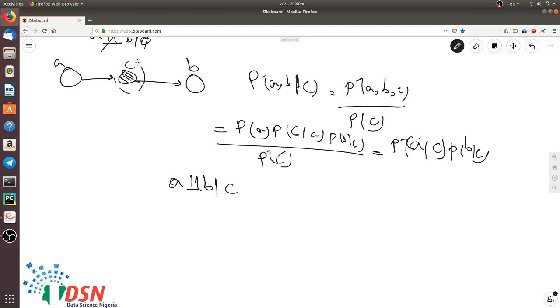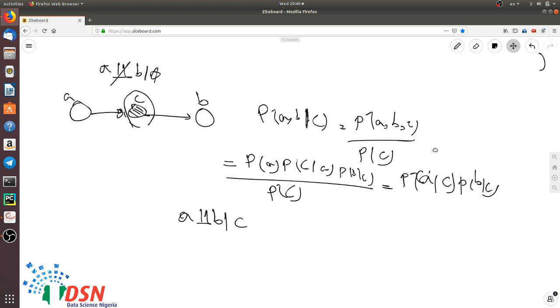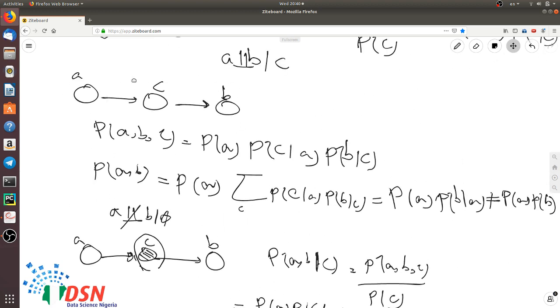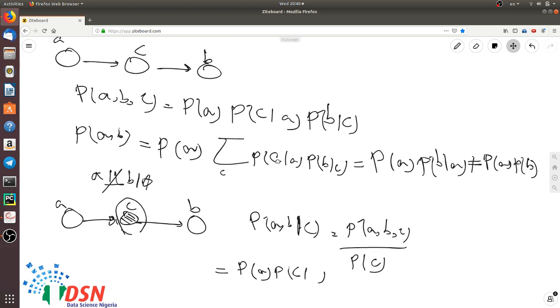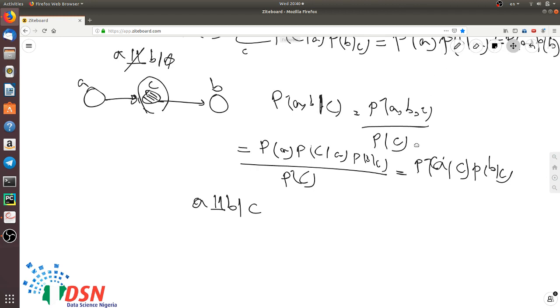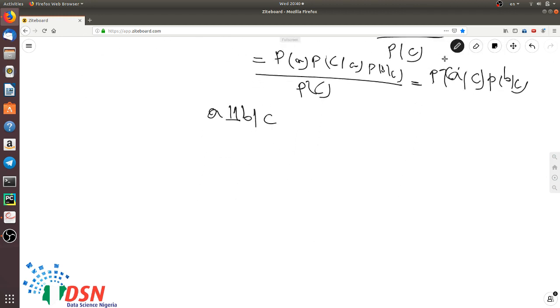When we observe C, it blocks the path between A and B, so A and B will be independent. But when we have not seen the value of C, they are not independent.